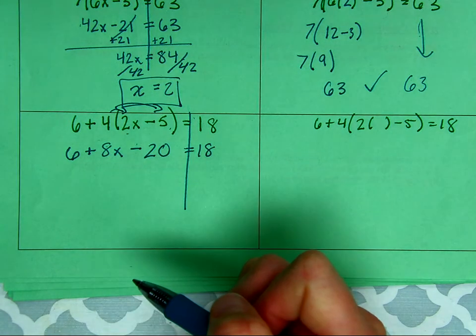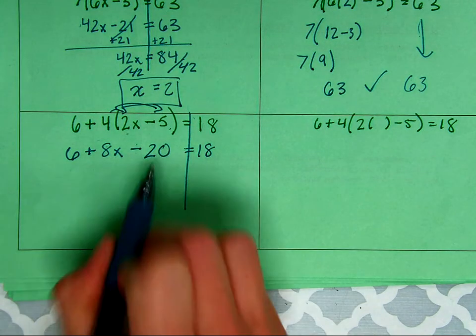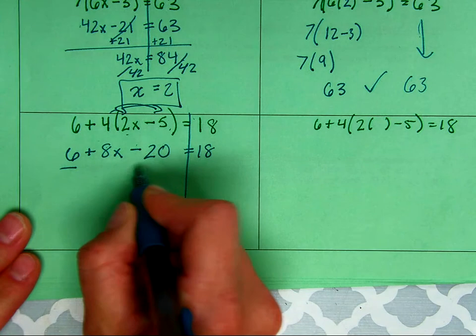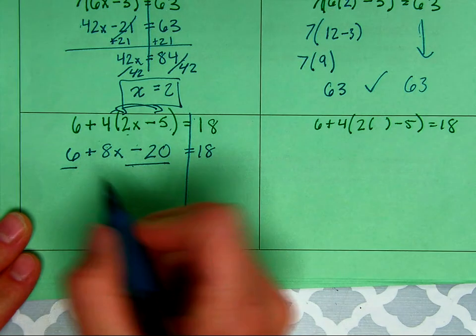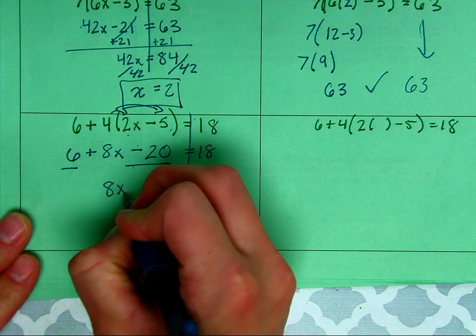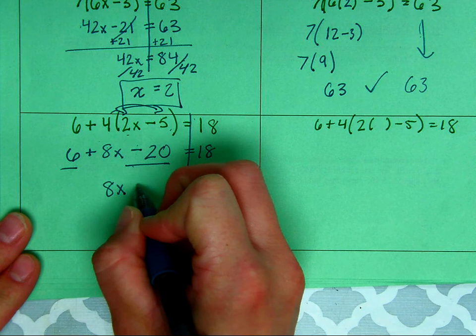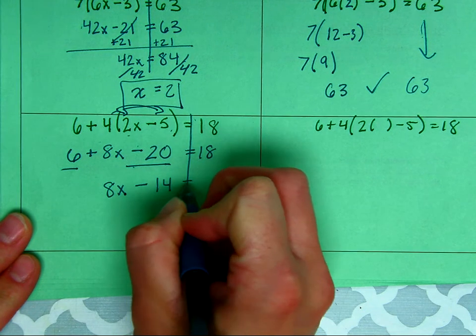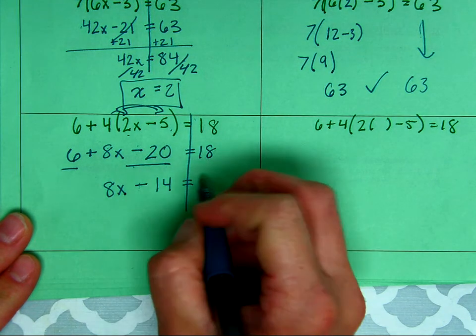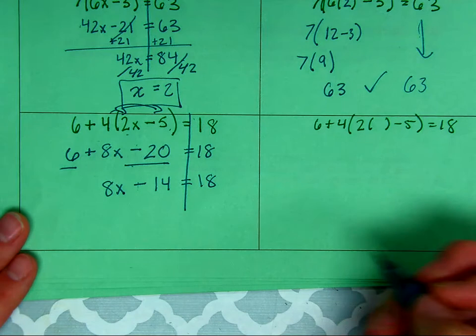That's fine too. So then notice now I have like terms to combine. So we just said this is a negative 20 and a positive 6. Okay, so that's going to make a negative 14. So if you want to write plus a negative, that's fine. This is just how I like to write my problems.